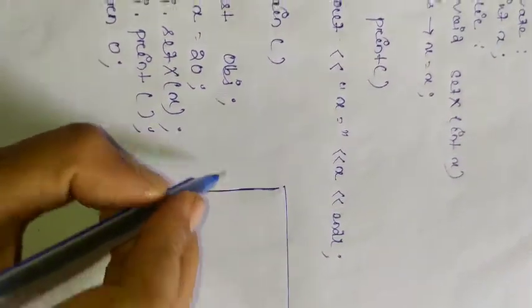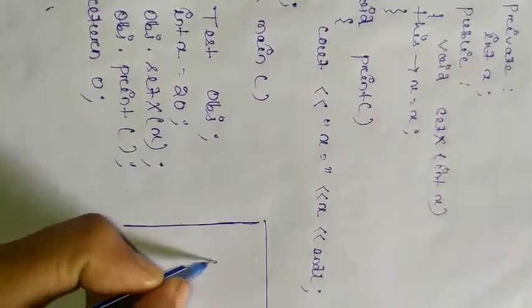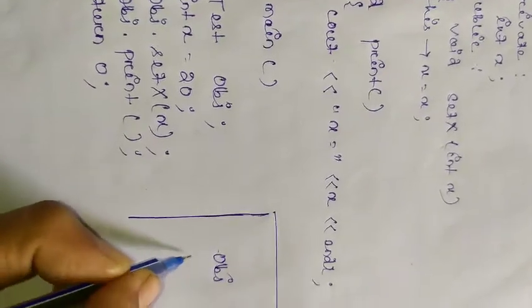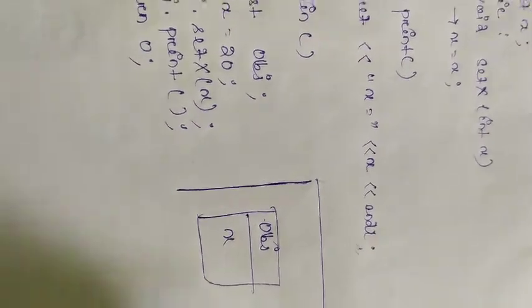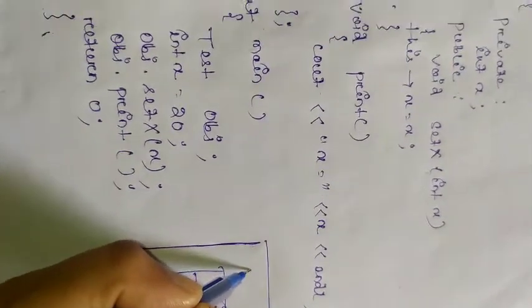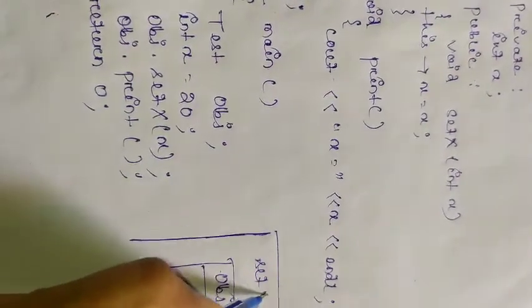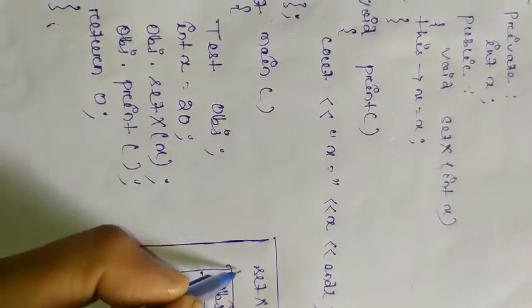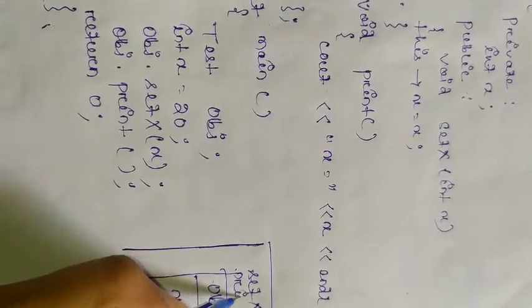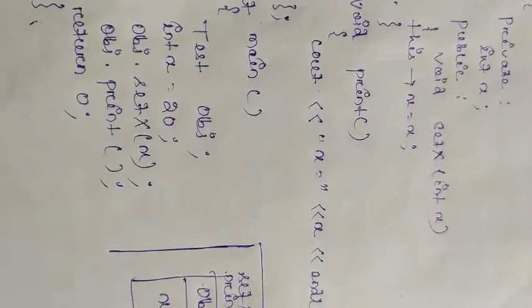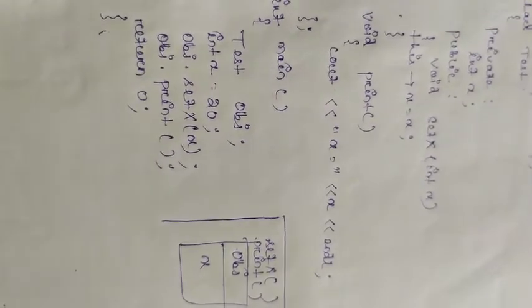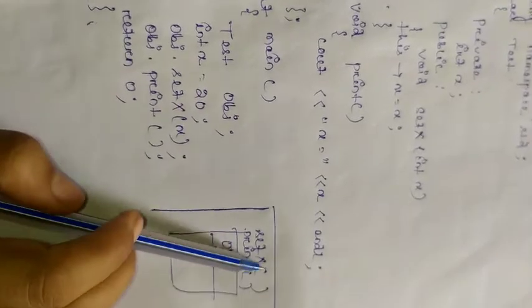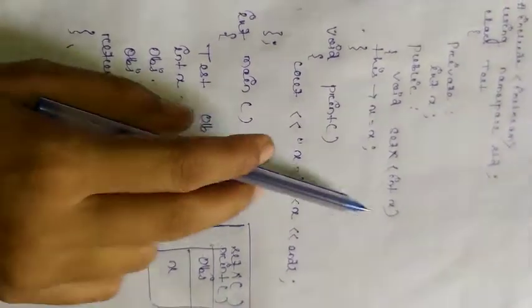Like in the previous diagram, here I am using one object. In the object, it has the value x, and the member functions setX and print. Both are public. So when we pass some value to x, let's say 20, it will be 20.